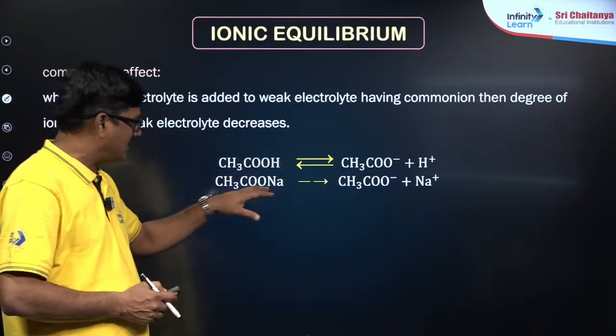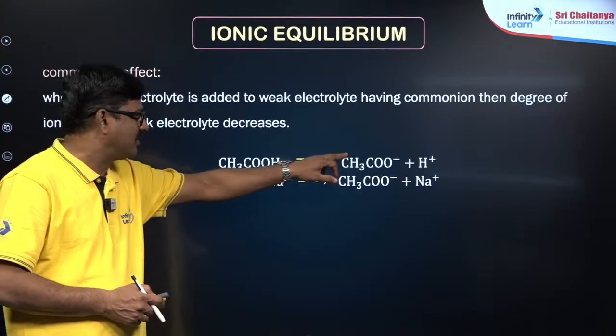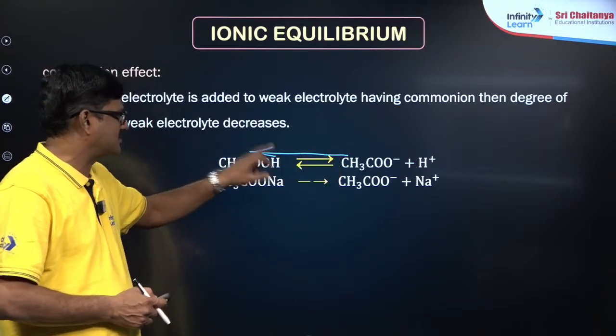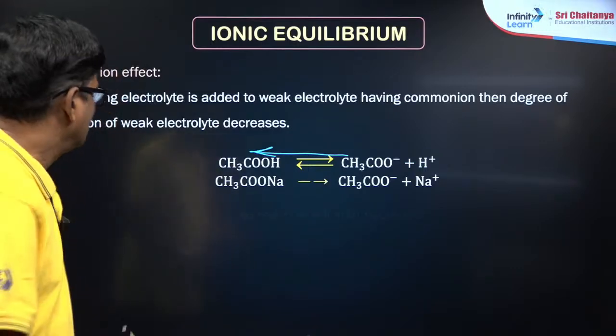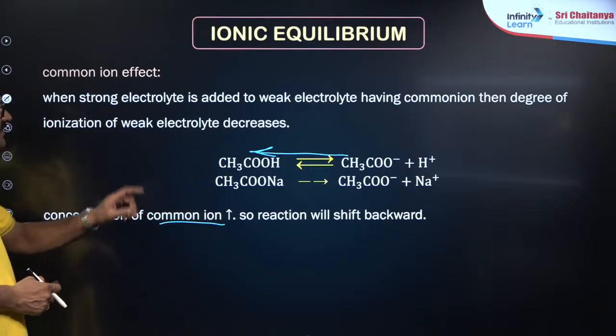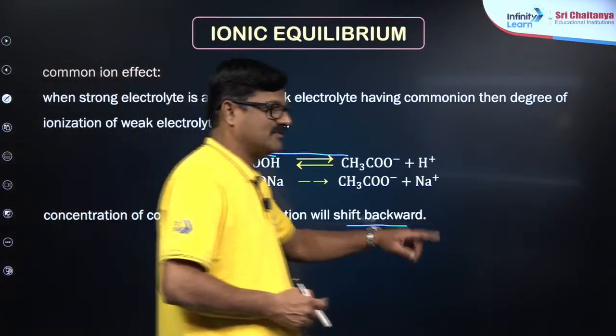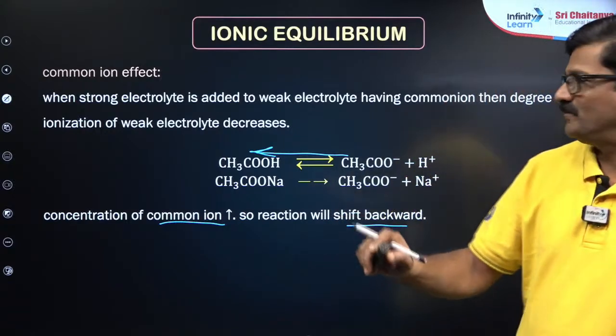To that, if you add a strong electrolyte like CH3COONa, the equilibrium is shifted in the backward direction. This is what is called a common ion effect. This is very important. Concentration of common ion increases, the reaction will shift in the backward direction. Just application of Le Chatelier's principle.